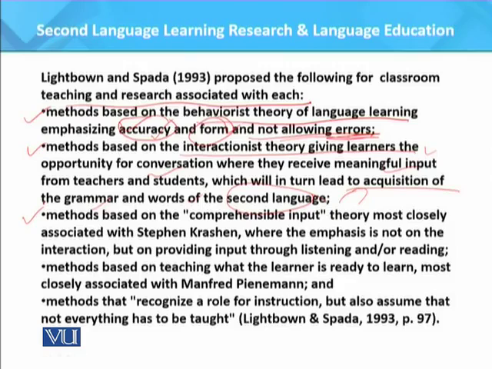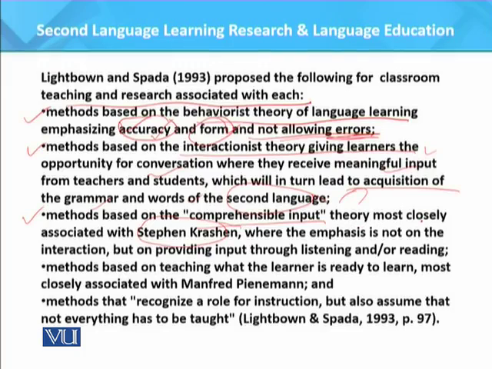The third method that can be used in the classroom is based on comprehensible input. And we all know that this idea was introduced by Stephen Krashen, where acquisition is based on comprehensible input, the input which can be easily understood by the learner, which the learner considers meaningful and easy to understand.